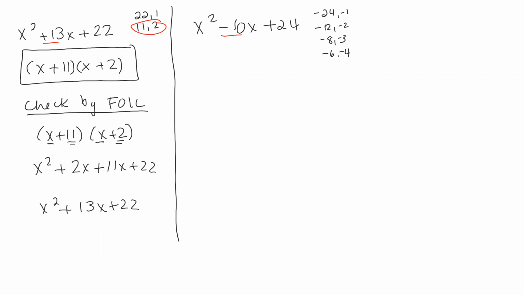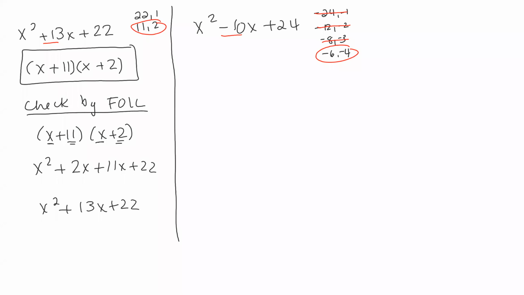Negative 24 and negative 1 adds up to negative 25. That doesn't work. Negative 12 and negative 2 add up to be negative 14. That doesn't work. Negative 8 and negative 3 is negative 11. It's close, but it still doesn't work. And then finally, we have negative 6 and negative 4, and there you have it. Those are the factors of 24 that add up to be negative 10.